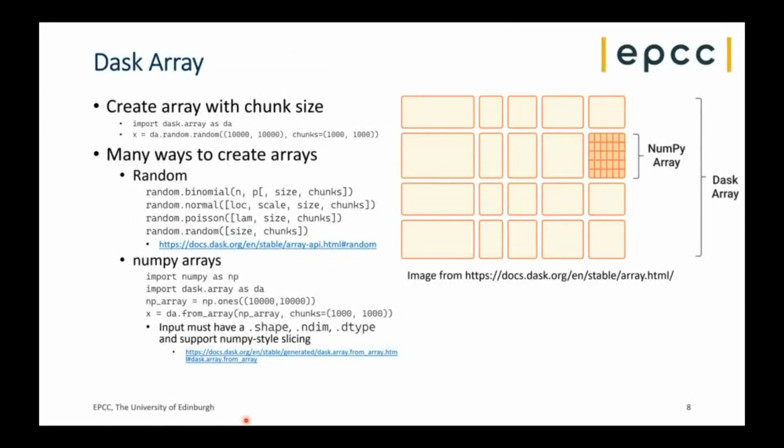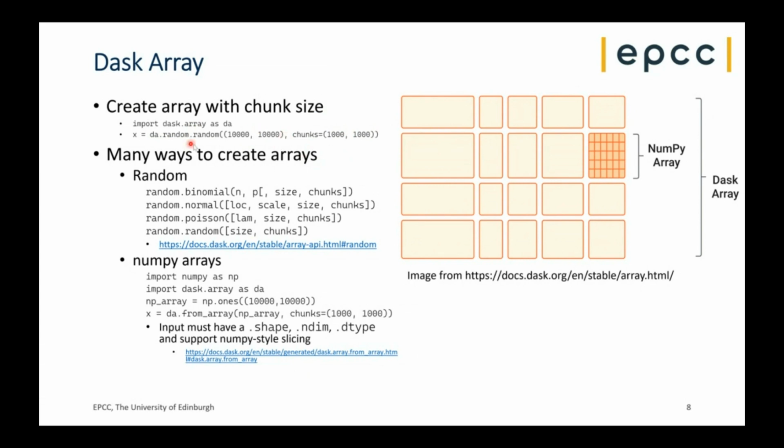And so what does this look like? Well, if we look at Dask arrays, effectively it looks very like the NumPy array interface. So we import a Dask array, we can create it with a certain size, and then the thing that's different about Dask is you specify how to split that array up across workers.